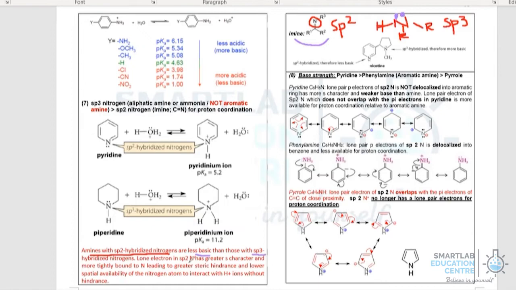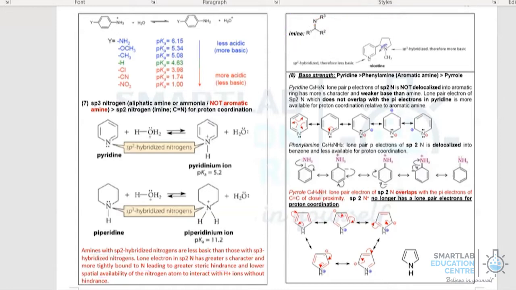The reason is that sp2 nitrogen has greater s character and its lone pair is more tightly bound to nitrogen, leading to greater steric hindrance and lower spatial availability of the nitrogen atom to interact with protons. So hence, imine is a weaker base than ammonia or amine.